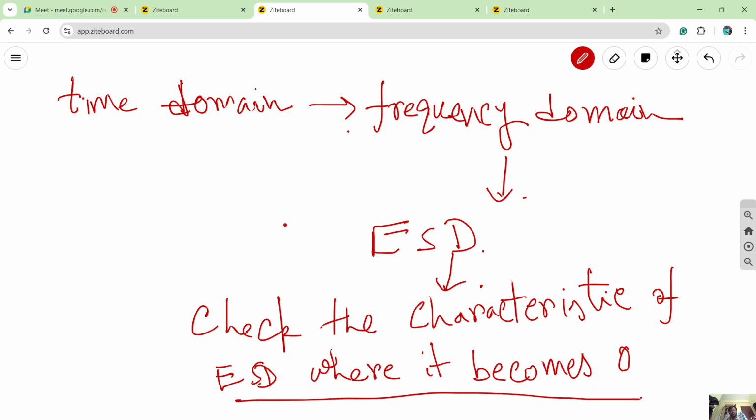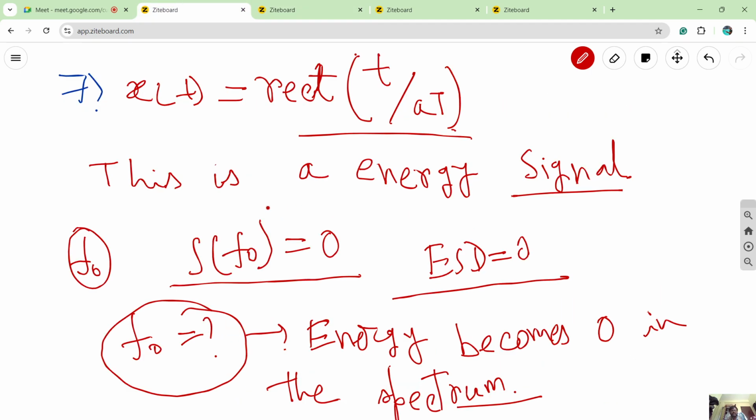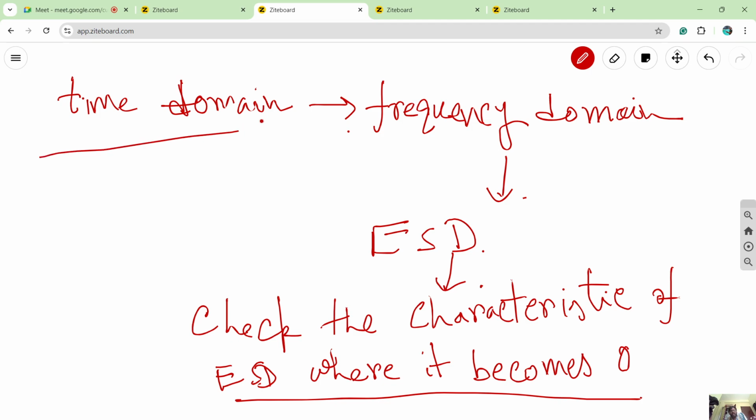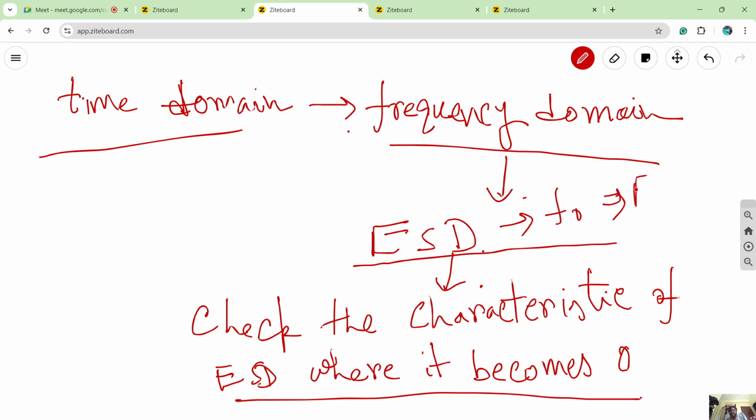That is the motive. That is what the question says. Having this energy signal, we have to calculate the f0 where S of f0 equals 0. So we take a time domain signal, convert it to frequency domain, calculate the ESD, and check at which f0 the ESD equals 0.